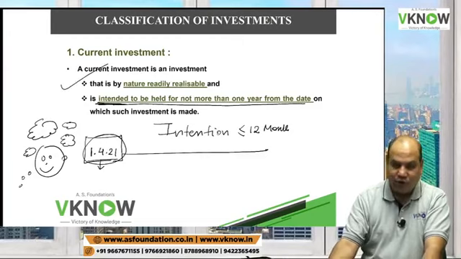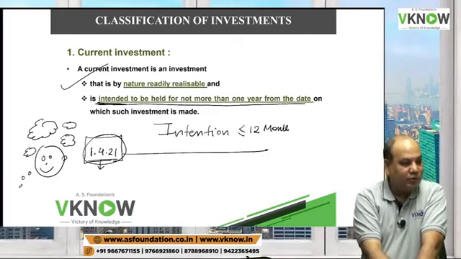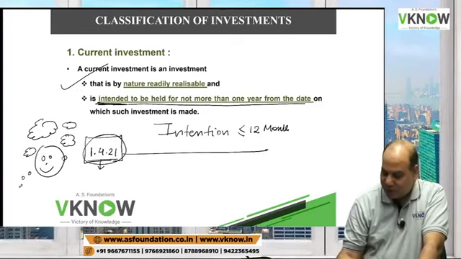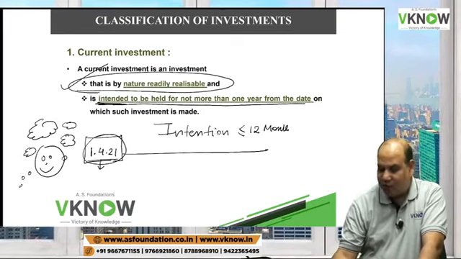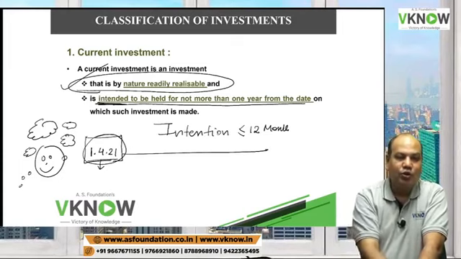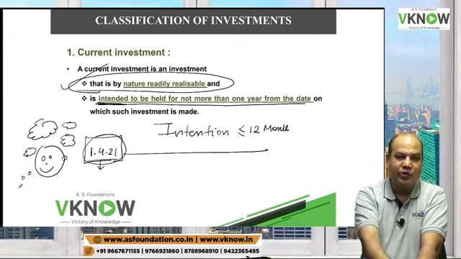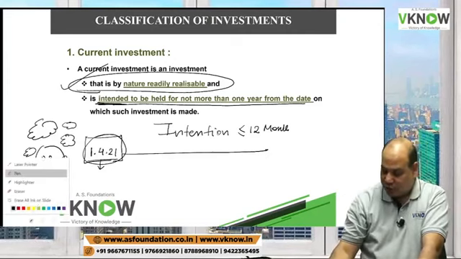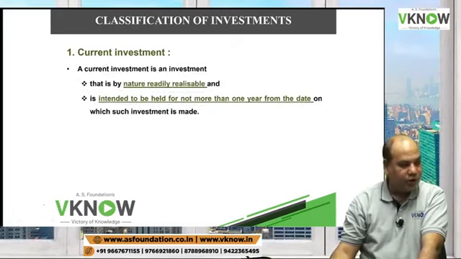And assuming condition 1 is satisfied, then it is a current investment. But if the first condition is satisfied and the second is not, he does not want to hold it for less than 12 months, he wants to hold it for a longer term, then it will not be a current investment.